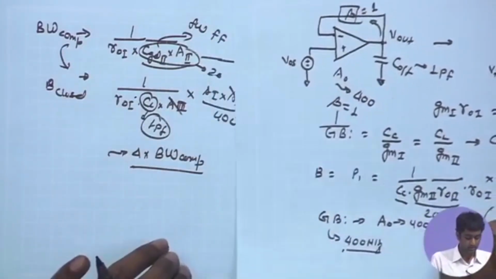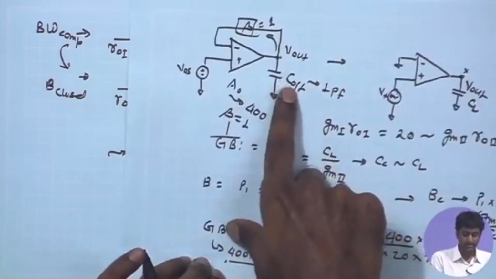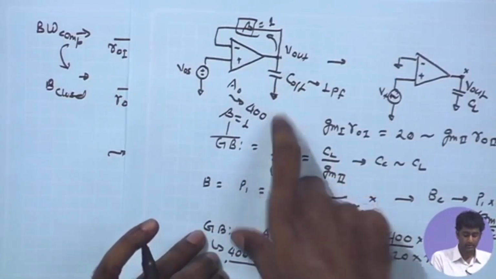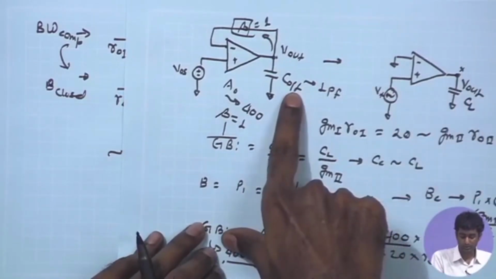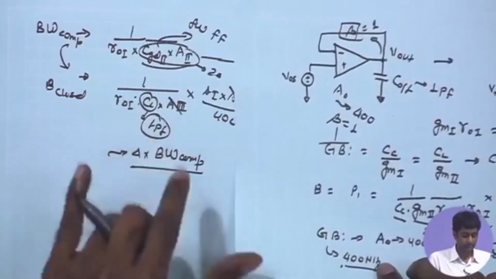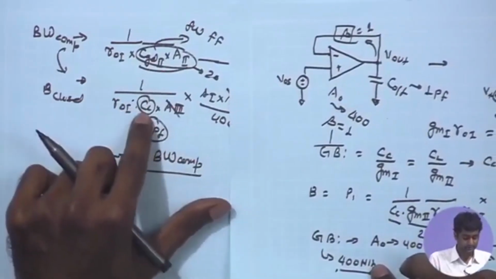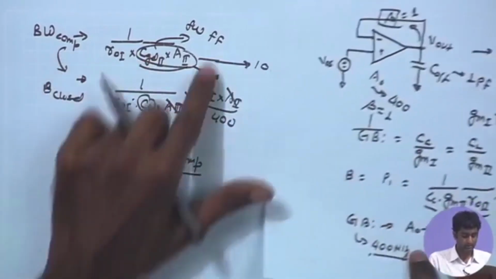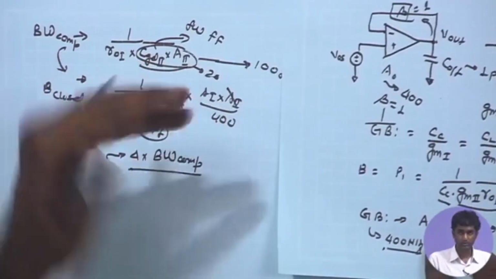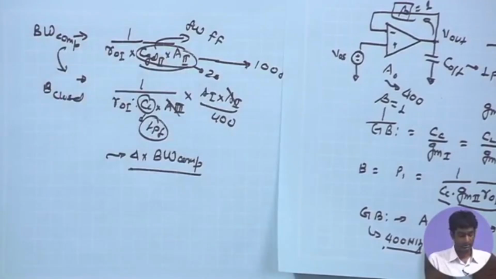However, suppose we go for a larger C offset, where we have a larger precision requirement and we are forced to use a larger C offset. Once the C offset becomes larger and larger as compared to the CGD, this ratio will deteriorate and can go down as compared to the present value.